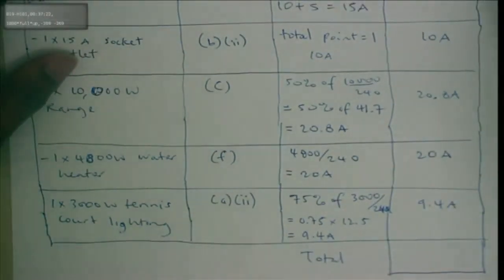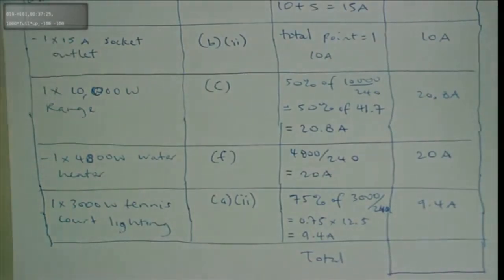We had 7 amps for the group A1, 15 amps for group B1, B2 is 10 amps, group C is 20.8, group F is 20, and finally group A2 is 9.4.